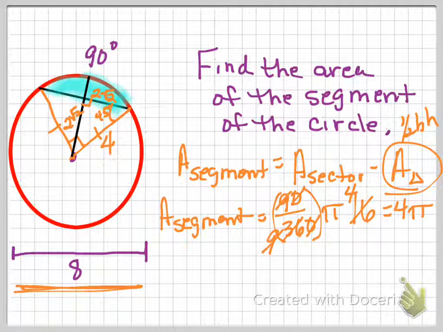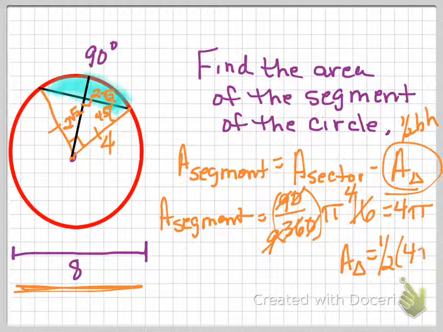So for my area of my triangle, I have 1/2, and that is 4 square root of 2 is my base, times 2 square root of 2. When I multiply that together, I can do this 1/2, that leaves me with a 2.